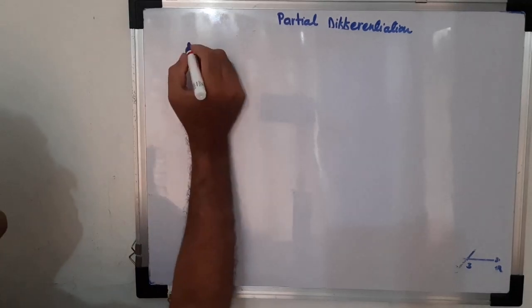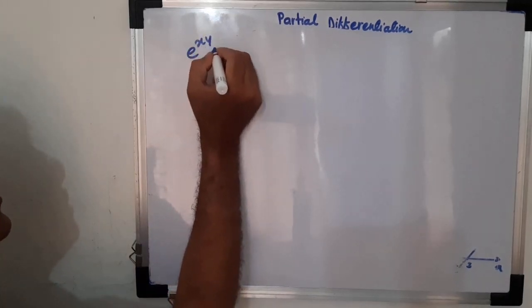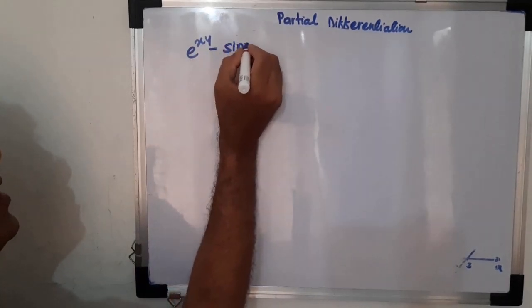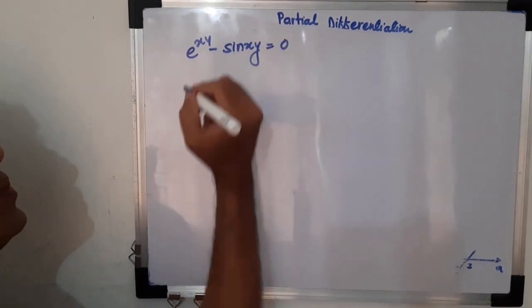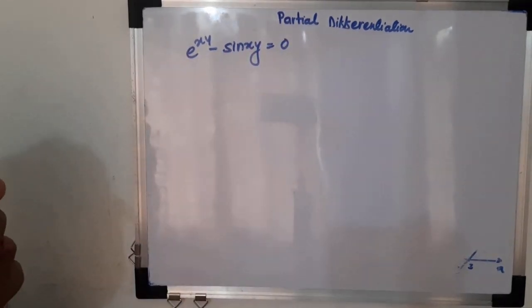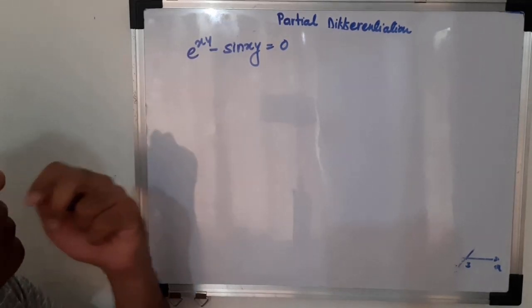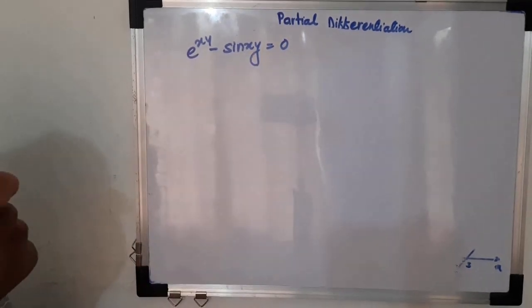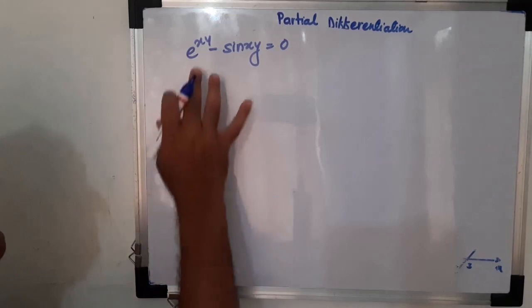Suppose you are given e raised to xy minus sine of xy equal to 0, and you are asked to separate y from x. In this case it is not possible.